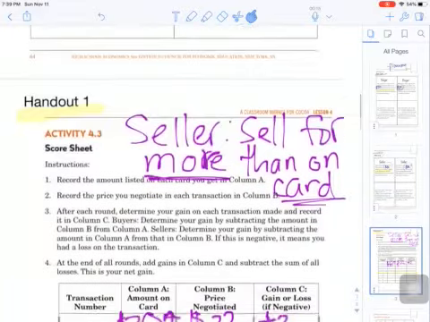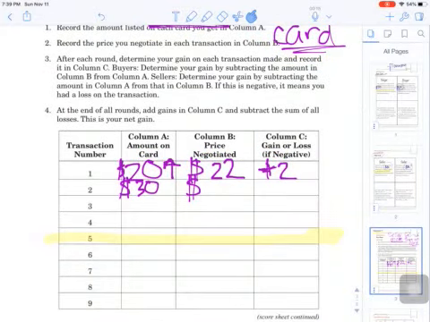If I go back down here and I took the loss and I got $24. Okay, because this number here is less than my number that I was trying to negotiate for, so 24 is less than 30, then that means I'm at a loss, and I'm a loss for $6. Okay, because I sold less than what I was trying to get.